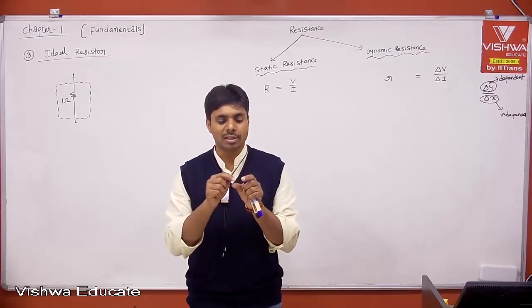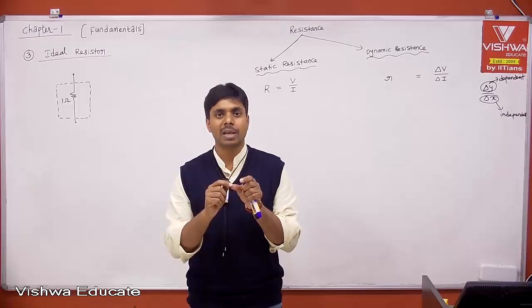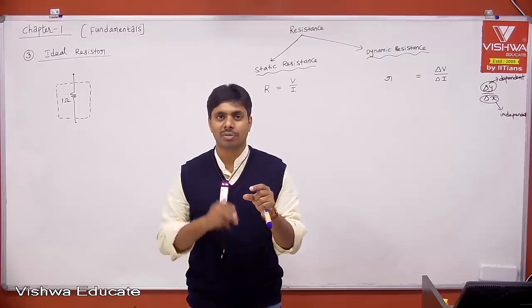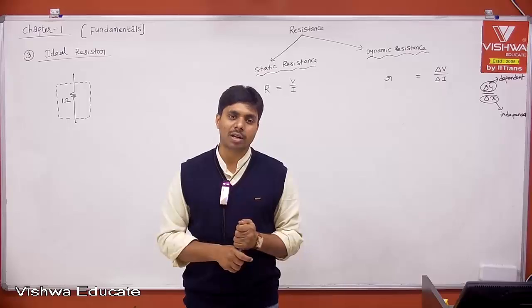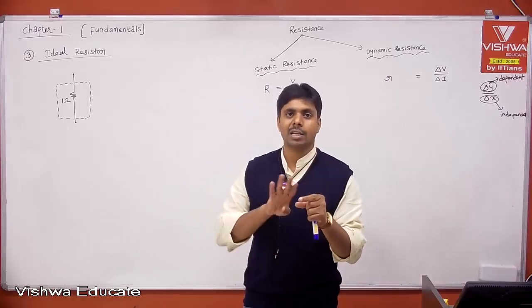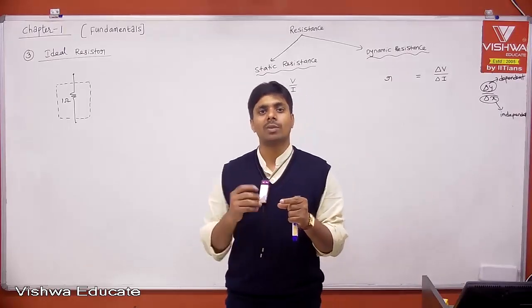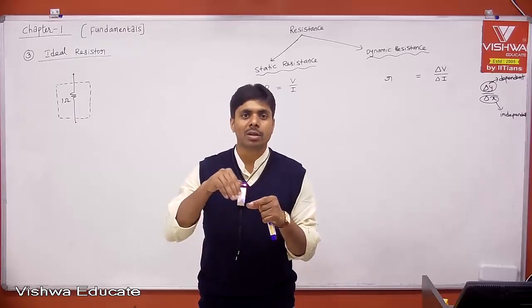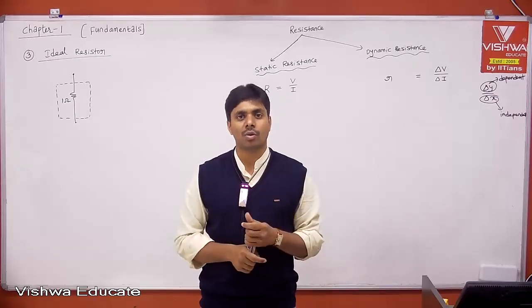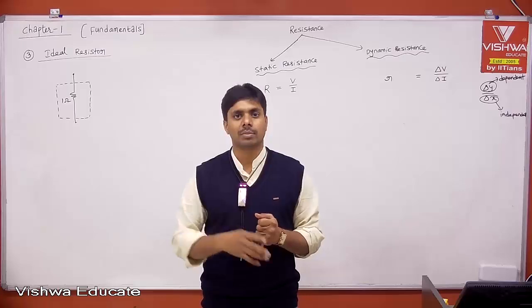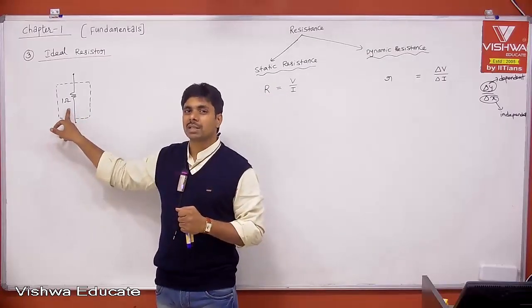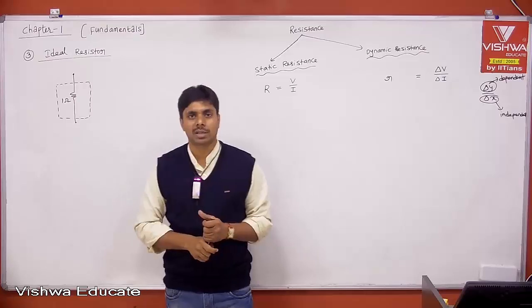That color coding indicates the value of the resistor plus the tolerance. When I say 1 kilo ohm resistor, it will have plus or minus 10% tolerance. It can be 900 ohm or 1100 ohm, about 1 kilo ohm. That is called the tolerance. The practical resistor will have tolerance, and the practical resistor value will change with respect to temperature.